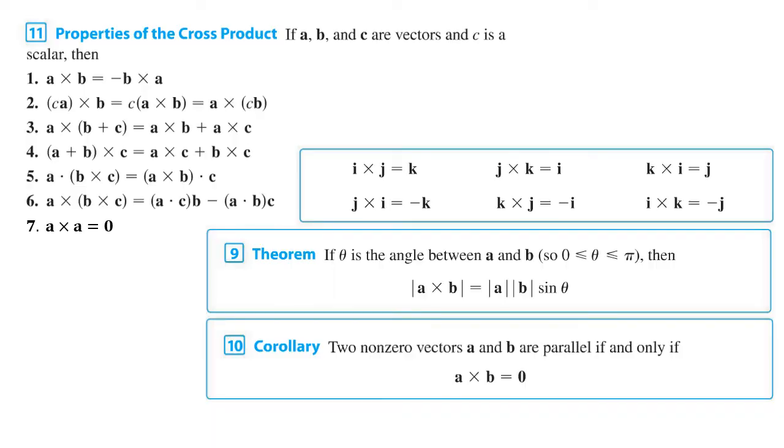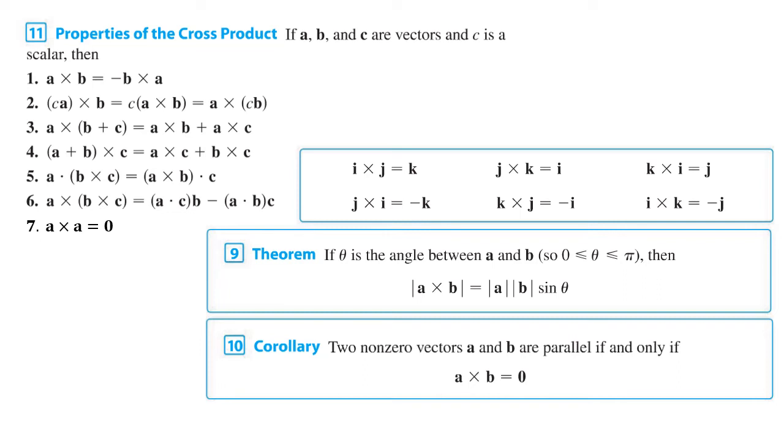Okay, some properties of your cross products. If a, b, and c are all vectors, and c, not bold, is a scalar, then if you do the cross product of a cross b, it is not the same thing as b cross a. It's actually negative b cross a. You'll pick up a negative sign along the way, basically.